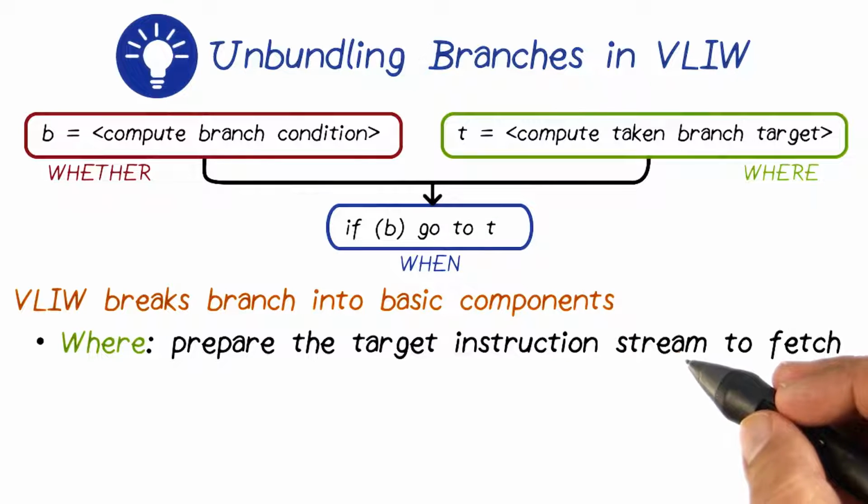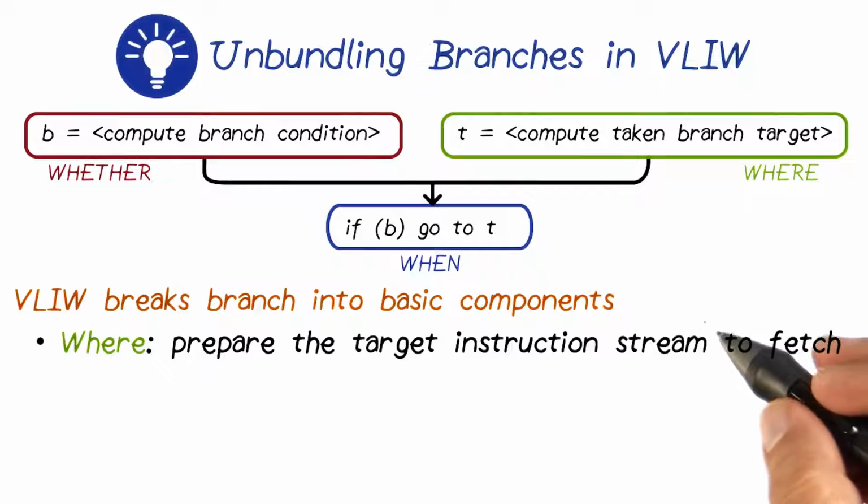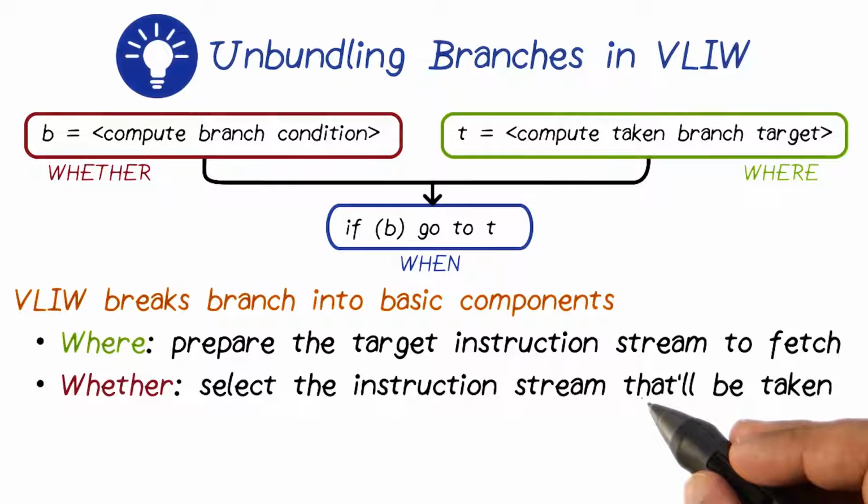It separates the where part and first determines the target where the branch instruction is going to take us and starts preparing the instruction stream in terms of the fetch. Next, it determines whether that instruction stream will be selected for the target by determining the branch condition. For example, if the condition is evaluated to true, then one stream is fetched.